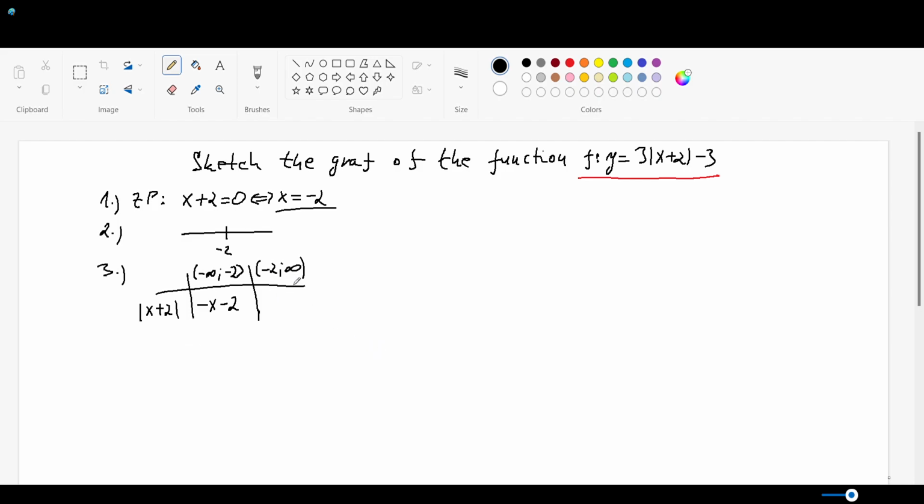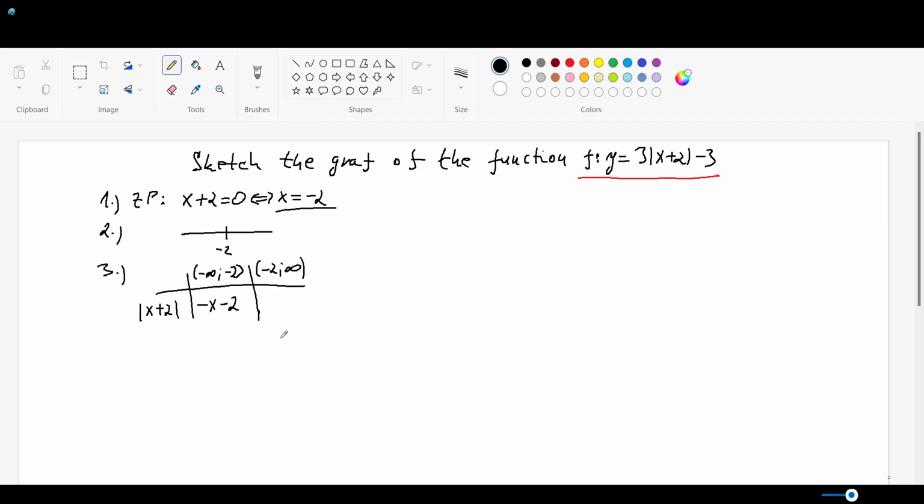The same thing applies for the second interval. You take any number from this interval, and as I said, the clever idea is to find some kind of fancy or nice number with which you can calculate or evaluate the expression.